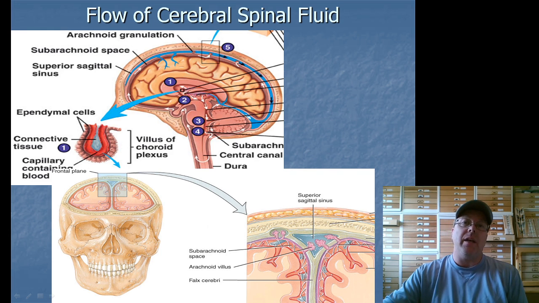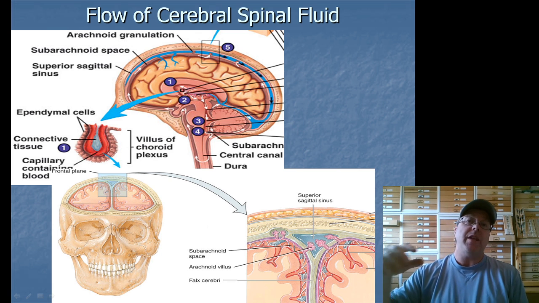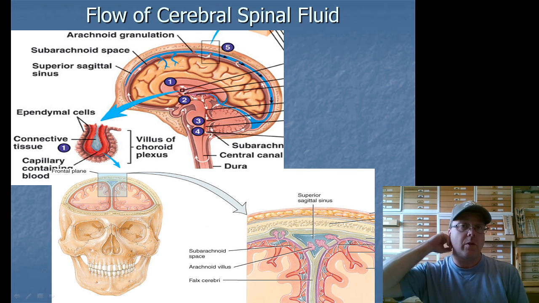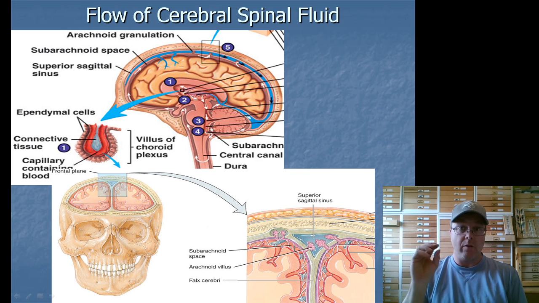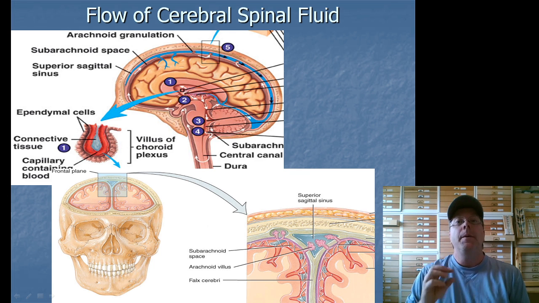And what they did to remedy the situation, they can't fix those arachnoid granulations, but what they can do is they can put a shunt into her brain, or between her brain into her meninges, that drains that cerebral spinal fluid.